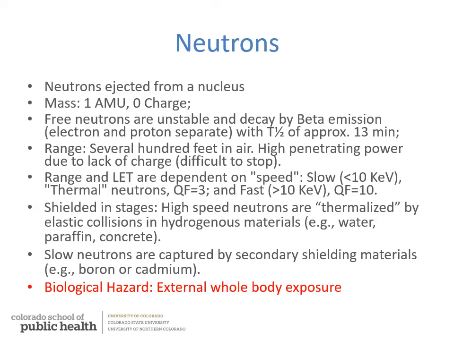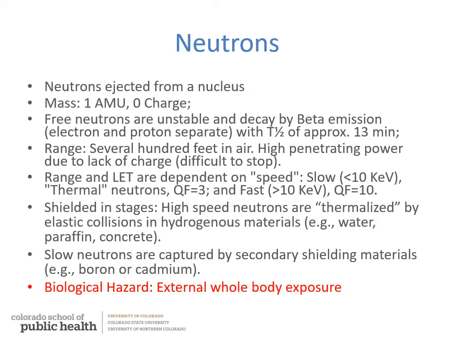So the range and the LET are dependent on the speed of the neutron, which depends on how much energy it has. So there's either slow, thermal, or fast, I should say. Slow are referred to as thermal neutrons. You can see here that the quality factor goes from 3 to 10 as the energy level goes up.